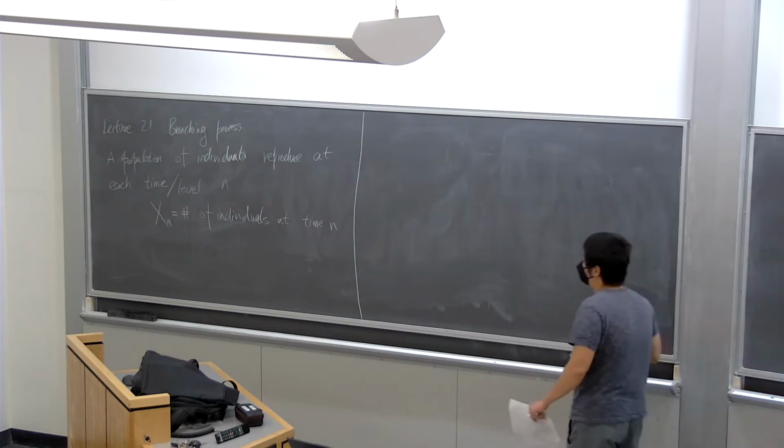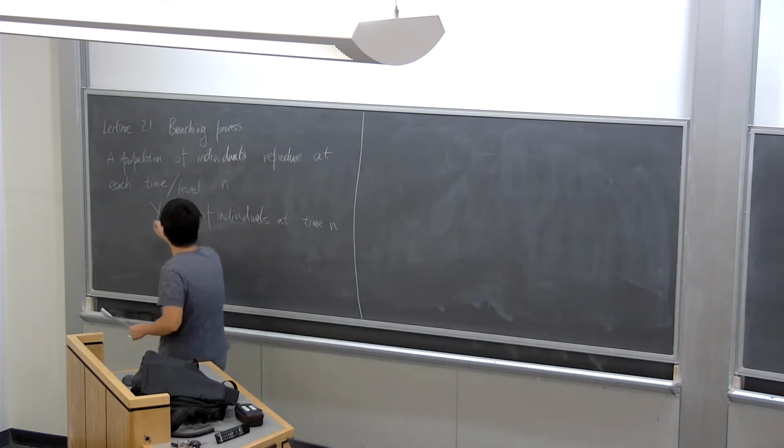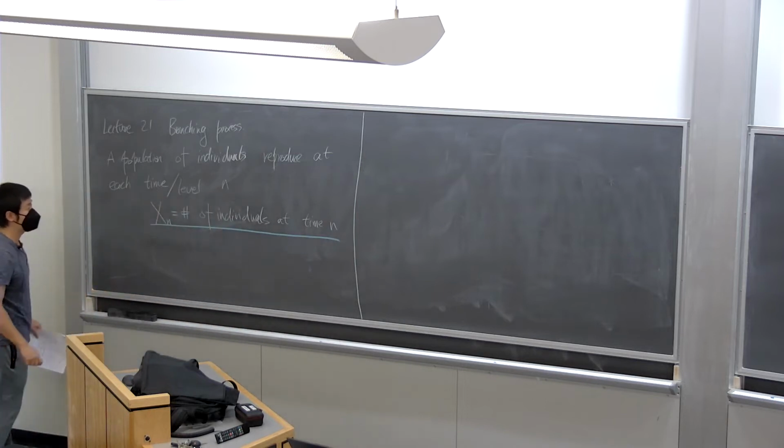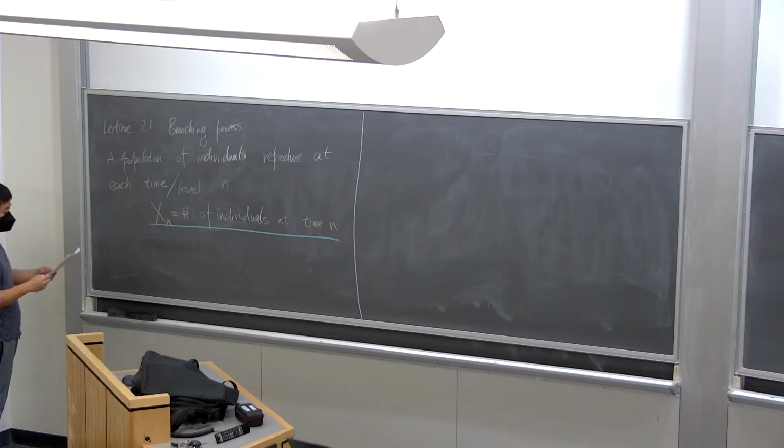Now I'm going to describe how this works. Each individual will produce a random number of offspring, and then after reproducing, an individual dies. Or you can think about it as one thing branching into a random number of other things. Of course, the number here could also be 0, which just means that individual dies off.